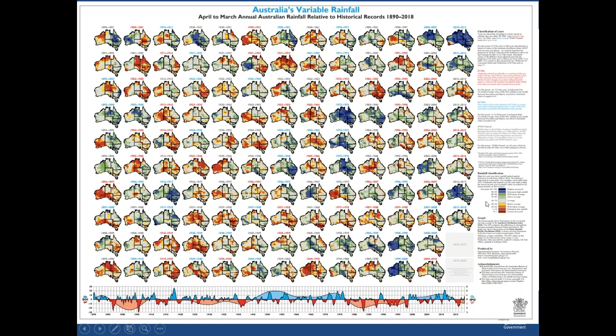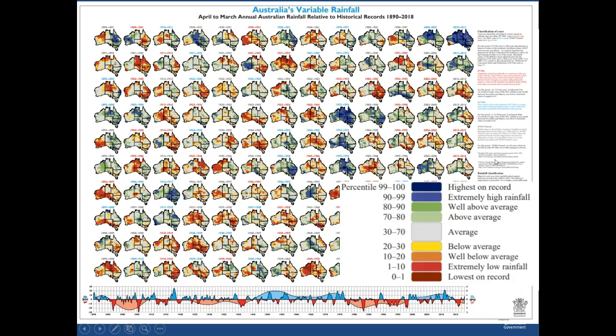Now, the definitions are on the right-hand side here on the sidebar, and we use the percentiles to rate the years, and we'll keep this same color code throughout all the posters here, where your blues down to your greens are your wetter rainfall years relative to history, and your yellows, reds, and browns are your driest relative to history.